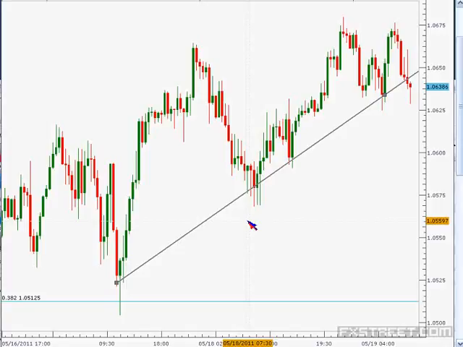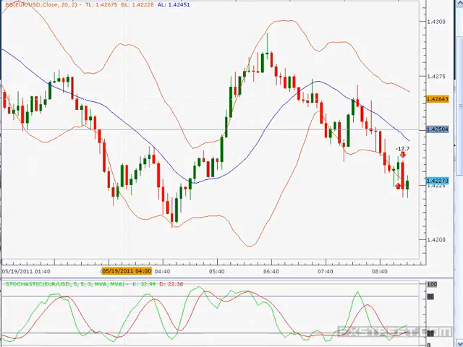But at this point, we're still hanging on, and we're still looking for what we're calling these low-risk trades. Now, one of the other things you need to consider when you're talking about low-risk trades is that it's really a bit of an art to have the patience to sit back and wait for price to come into a level where you're comfortable with the amount of pips you want to take.